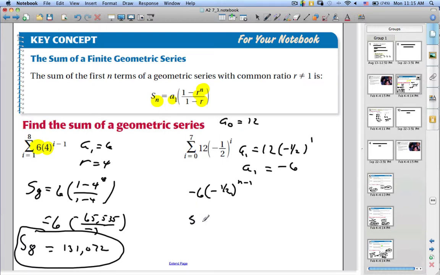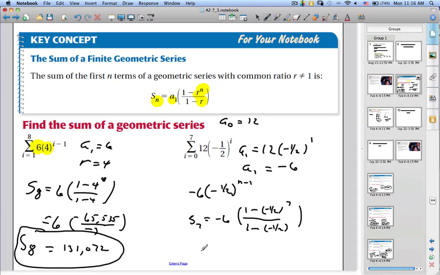So the sum I'm going to find is from 1 to 7. The sum of 7 terms is equal to a sub 1, which is negative 6, times 1 minus my common ratio, negative 1/2, to the 7th power, all over 1 minus negative 1/2.